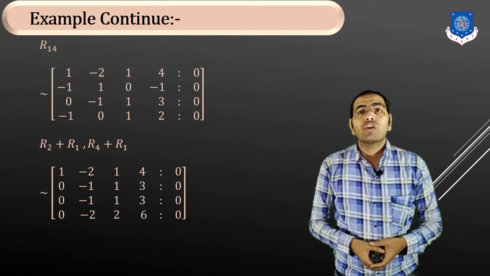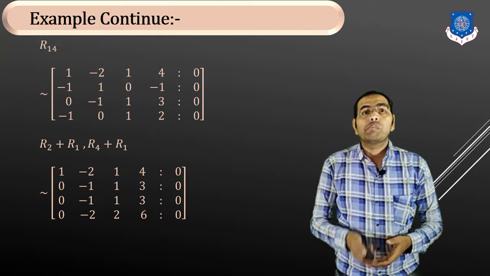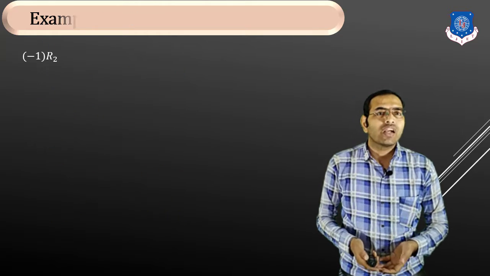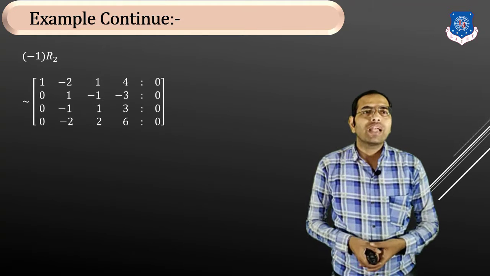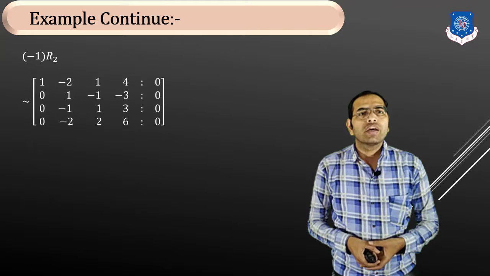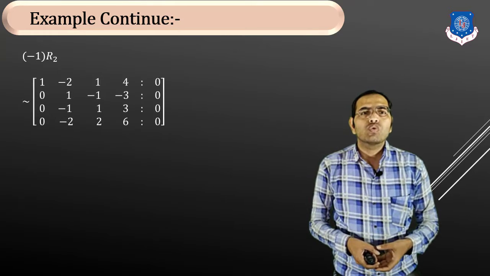Now making the second row have a leading 1. For that, multiplying the second row by -1, that will give you -1 times R2. That means 1 -2 1 4, 0 1 -1 -3, 0 -1 1 3, 0 -2 2 6.